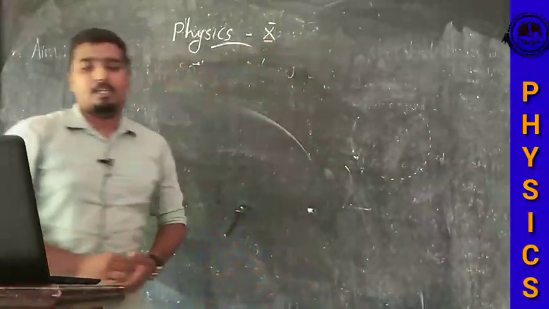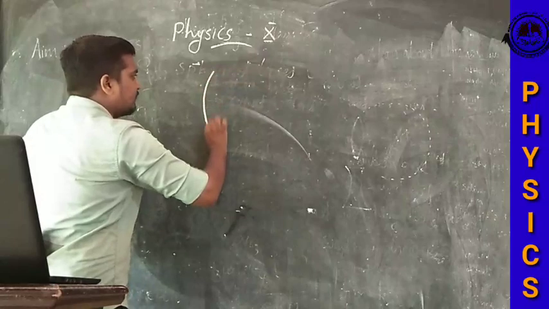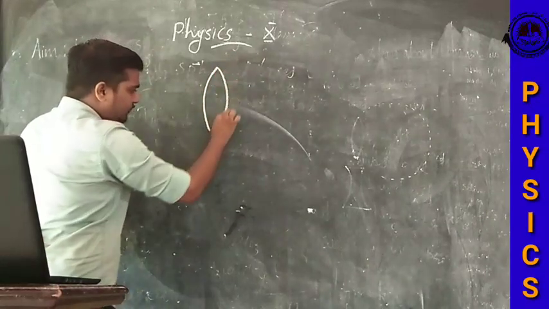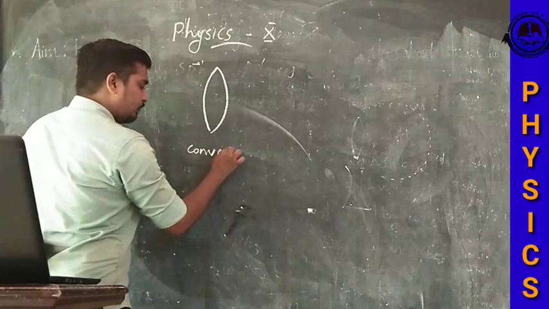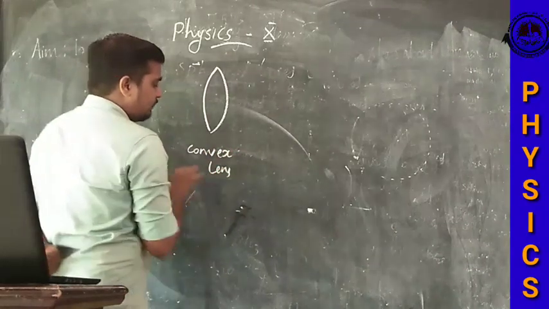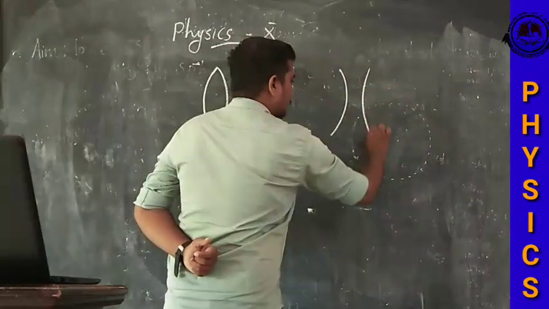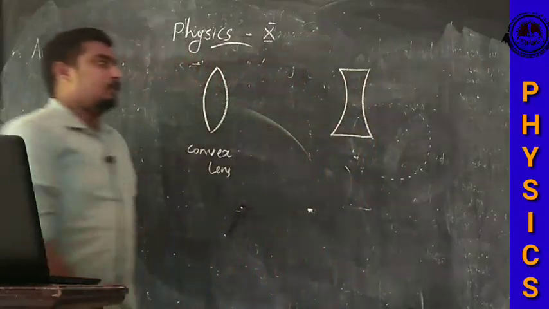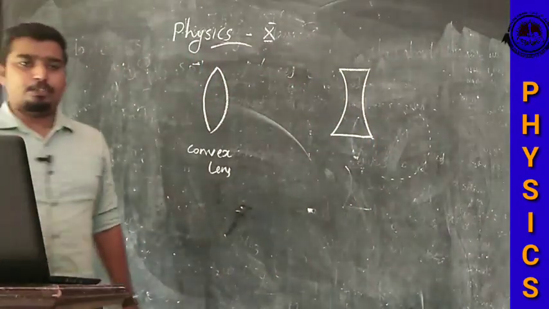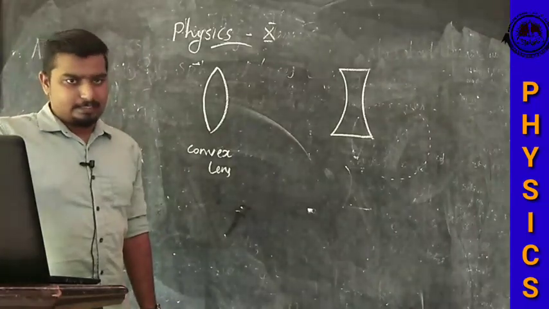Okay, listen here. We have two types of lenses. This is a convex lens, and this is a concave lens. Next we are going to discuss some terms related to these spherical lenses.